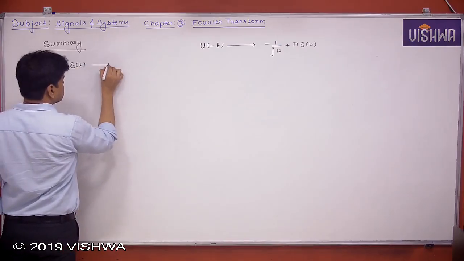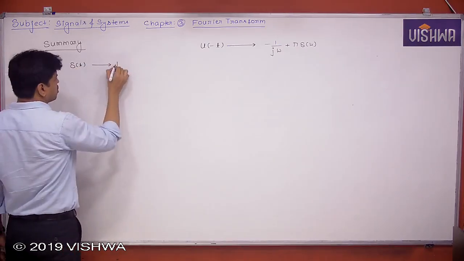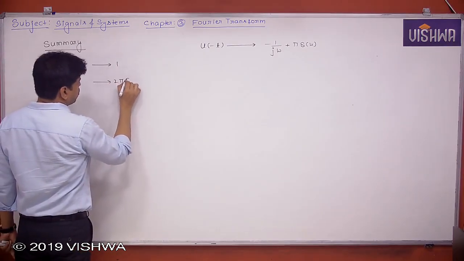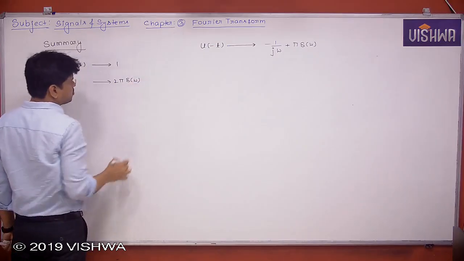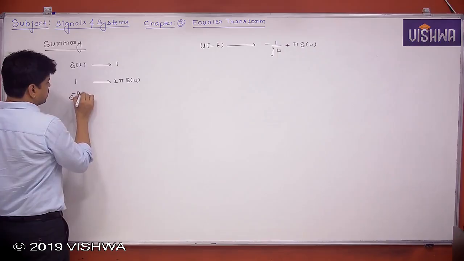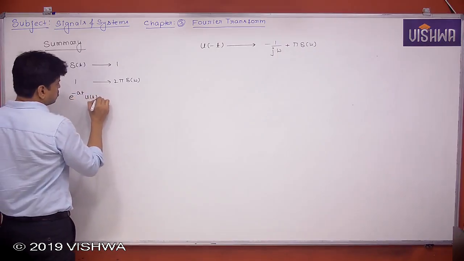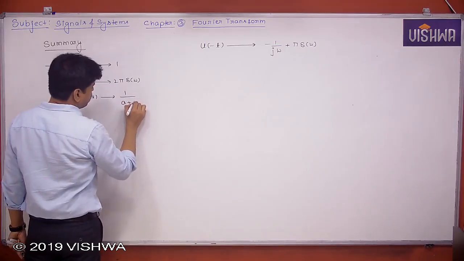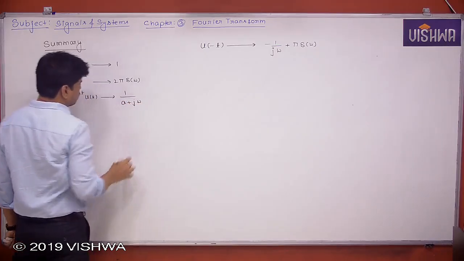What is the Fourier transform for it? For 1, what is the Fourier transform? 2 pi delta omega. Next, e power minus at u of t. Here we got 1 by a plus j omega if a greater than 0.